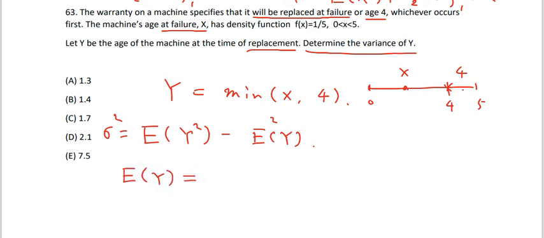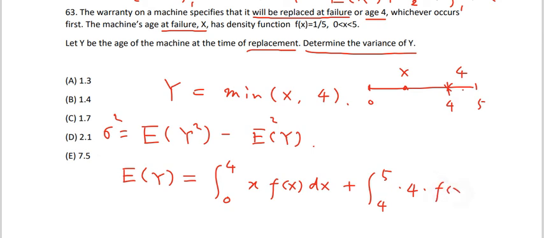If x is from 0 to 4, y just equals x, so the integral of x f(x) dx, plus, when x is between 4 and 5, y is 4, so 4 times f(x) dx, right?